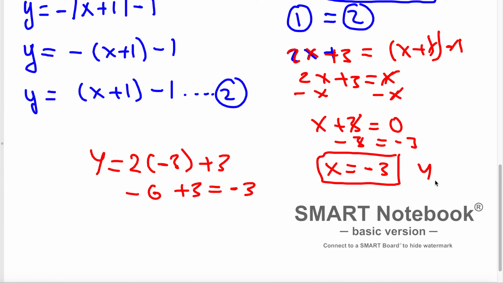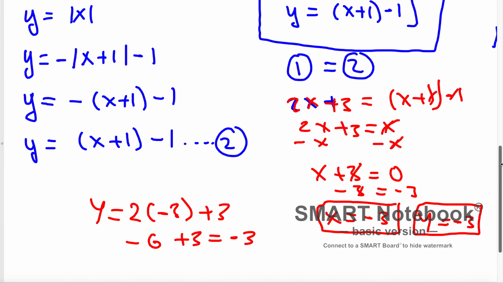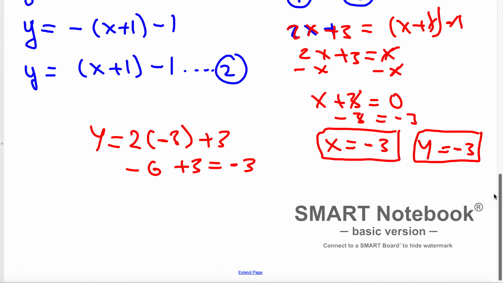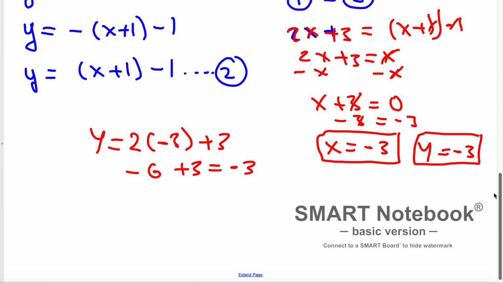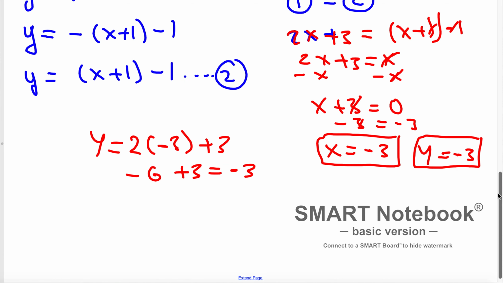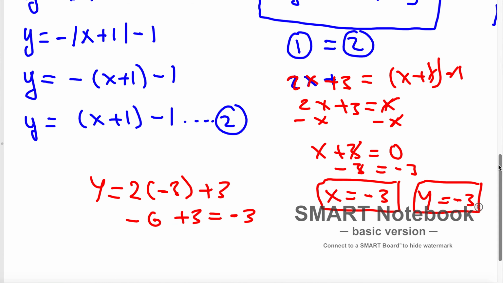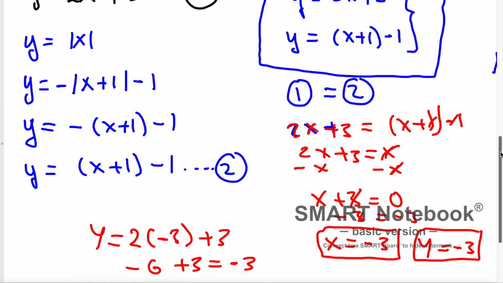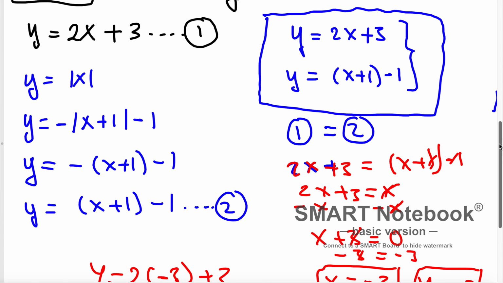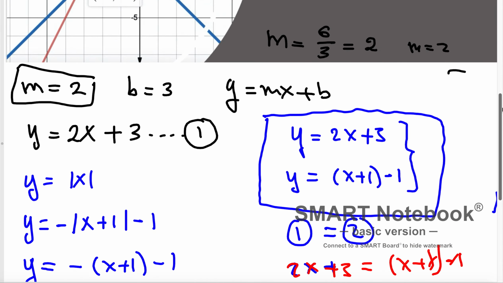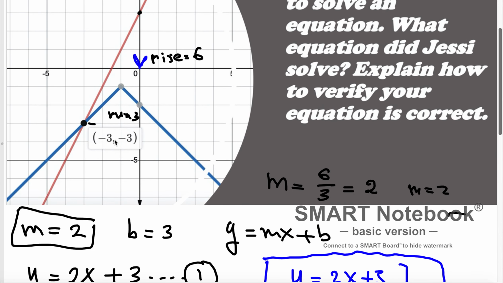So y is equal to minus 3. So we already verified this. This system of equations gives the solution x equal to minus 3 and y equal to minus 3, which is the solution here.